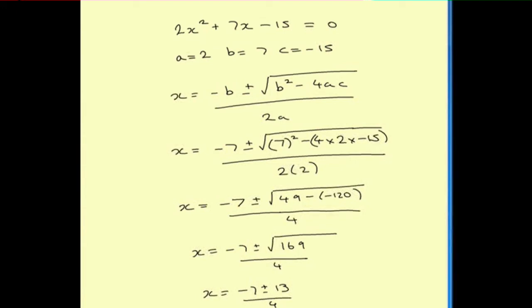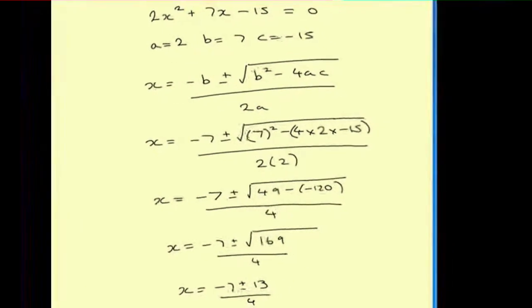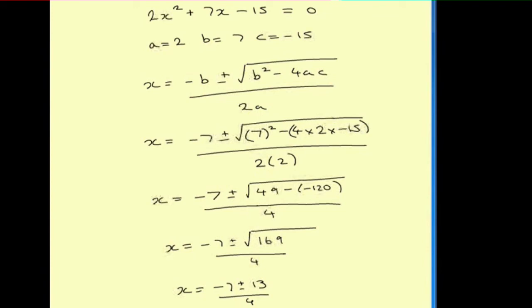Okay, and we're just going to go over the final quadratic formula question. So 2x squared plus 7x minus 15 equals 0. So we state what a, b and c are equal to. So a is equal to 2, b is equal to 7 and c is equal to minus 15. We write out the quadratic formula, we substitute in, replacing b with 7, a with 2 and c with minus 15.